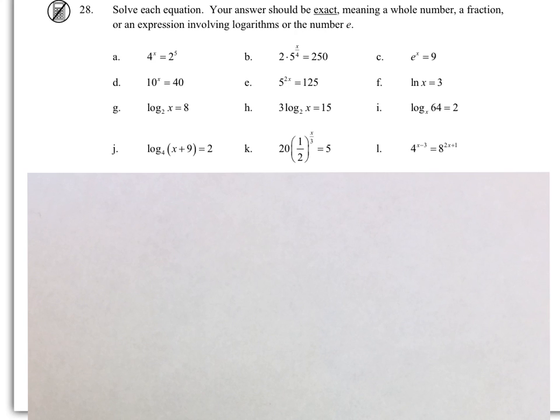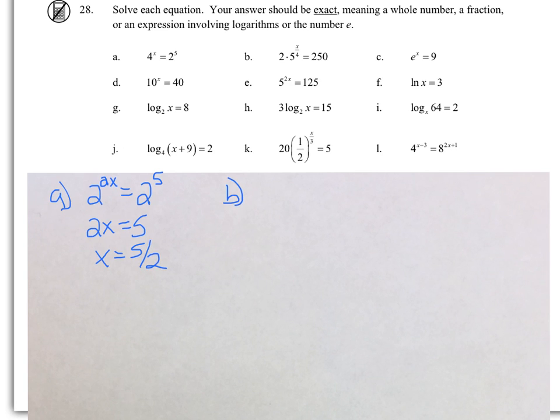Okay, so now we have 28, solving without the calculator. For A, if we can make the bases on both sides be the same, we can equate the exponents. So I'm going to rewrite 4 as 2 squared. So now I have 2x equals 5 from the exponents, so x is 5 over 2.